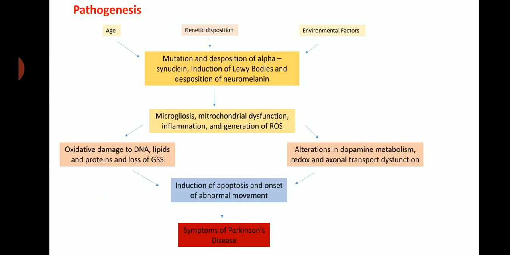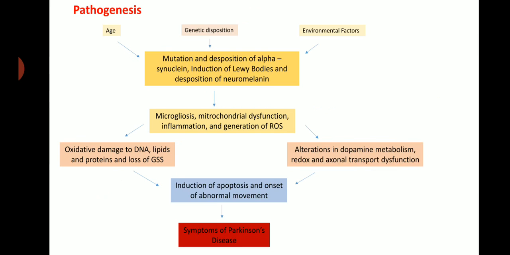By these risk factors, what happens? The mutation and deposition of alpha synuclein. What is alpha synuclein? It is a protein present in the brain, and smaller amounts of alpha synuclein are also present in the heart, kidney, muscles, etc.